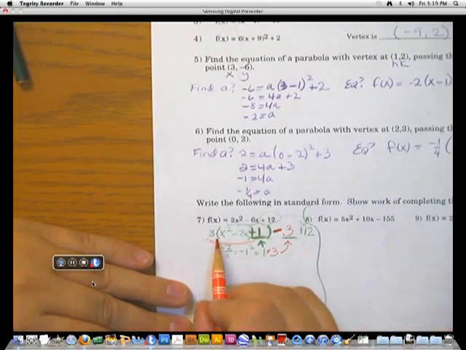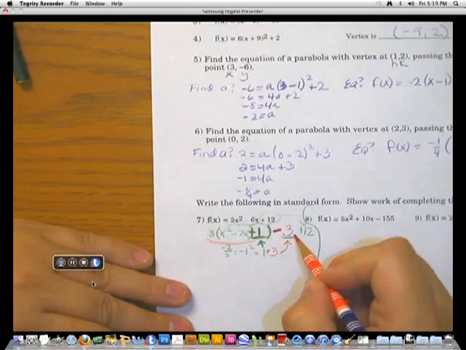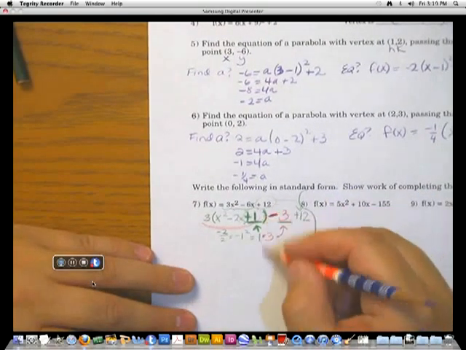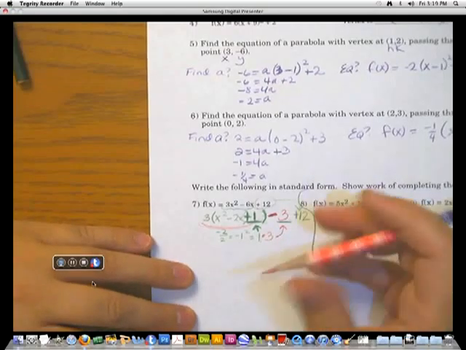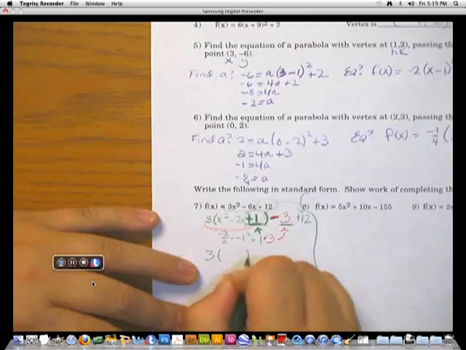And that's always going to be the case. Whatever we take out here, we're going to have to multiply to what we put in order to fill this second space.